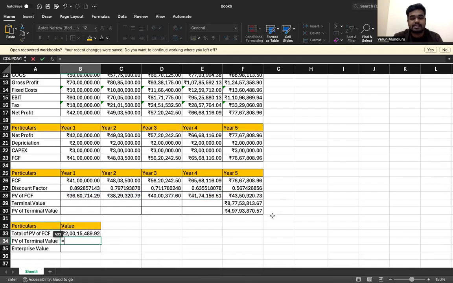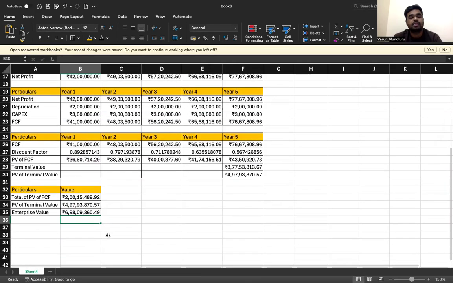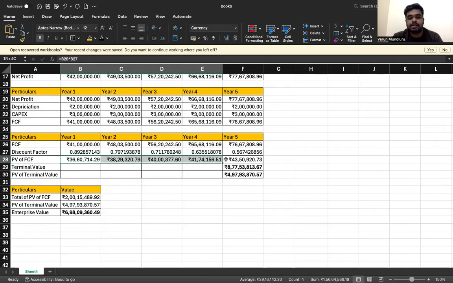Next, let us take the value of the present value of terminal value, and to calculate the enterprise value, we will be adding the total of present value of free cash flows with the present value of terminal value. Now we have got the enterprise value of our firm. Let's just highlight these so it is easy for us to find these things.